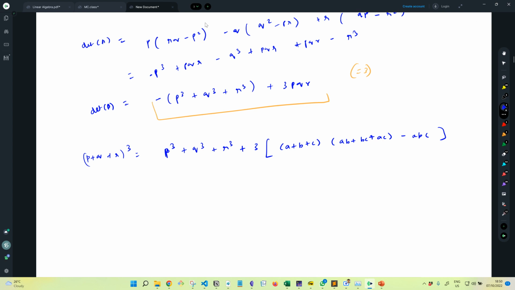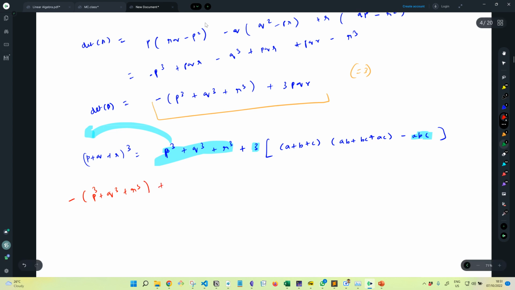Now, let me take this term, P plus Q plus R the whole cube, and ABC to the left hand side. Once I take this to the left hand side, I'll get minus of P cube plus Q cube plus R cube. Here A is P, B is Q and C is R. So this will be PQ, QR, PR, PQR.